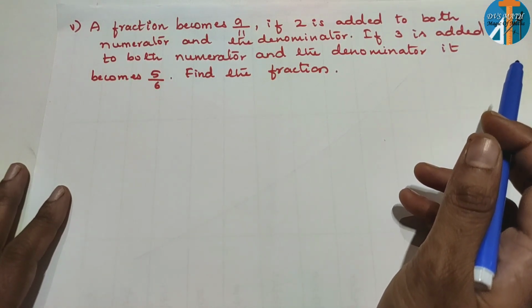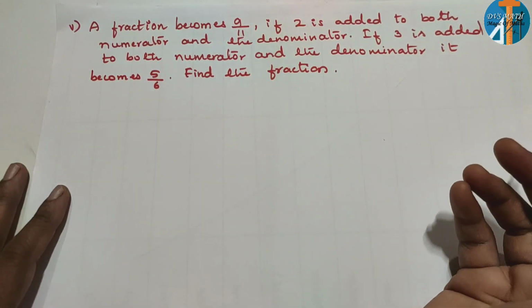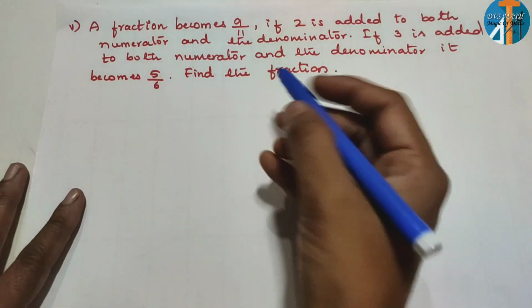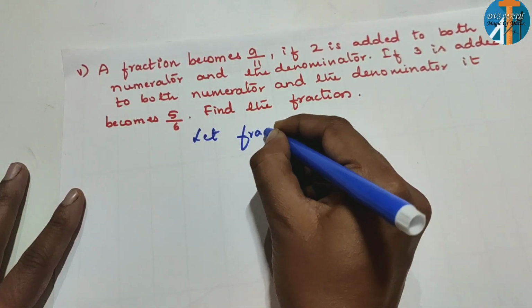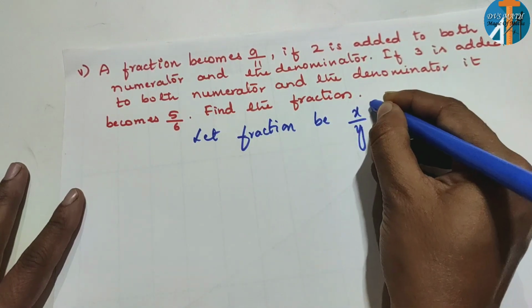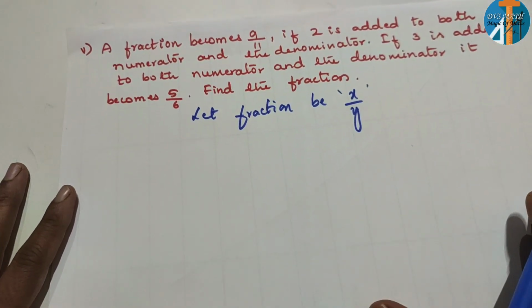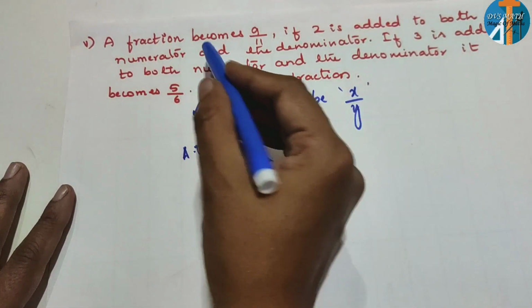Here also the numerator will be x, the denominator will be y. Again we will get two variables. So here we have to write first: let the fraction be x by y. We are considering it as x by y. Now let us consider according to the question. What is our first statement?